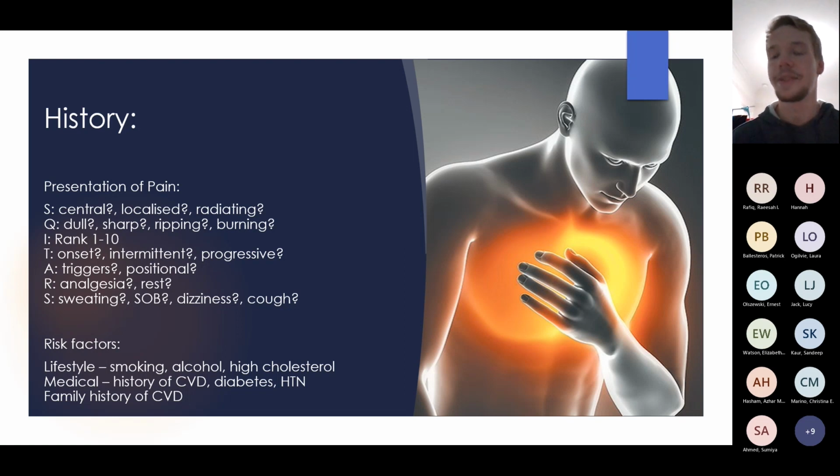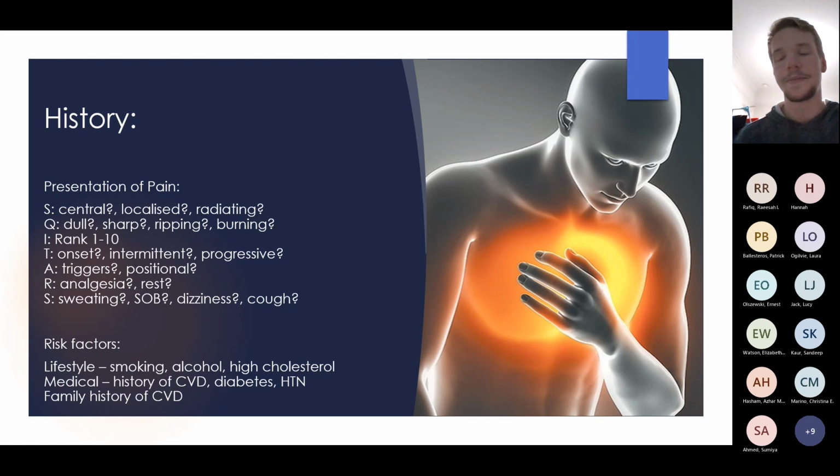So what happened when the pain came on? Did anything trigger it? Were you doing anything specific? Did it suddenly wake you up? That sort of thing. Along with that, you'd ask if it was sudden onset or gradual onset, and then ask if it's been progressive, intermittent, or stayed the same the whole time. So you're just trying to get a history of the pain, when it came on and how it's changed.